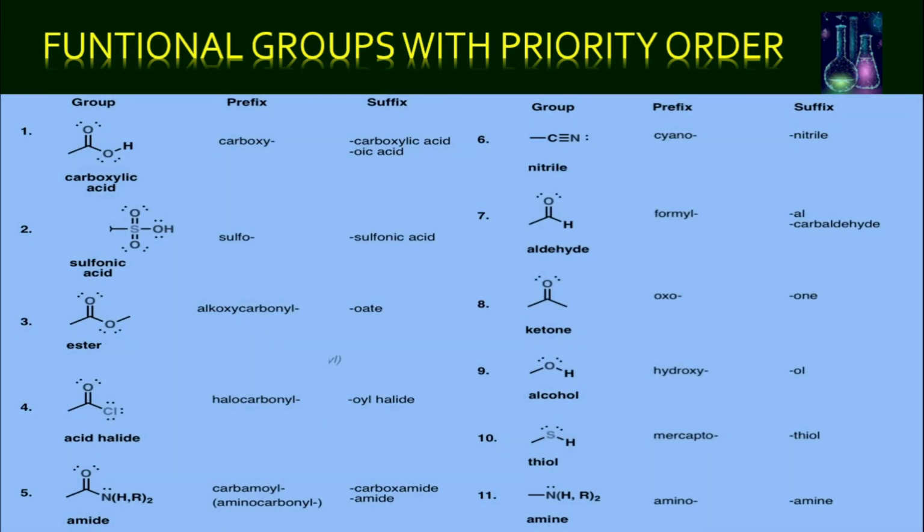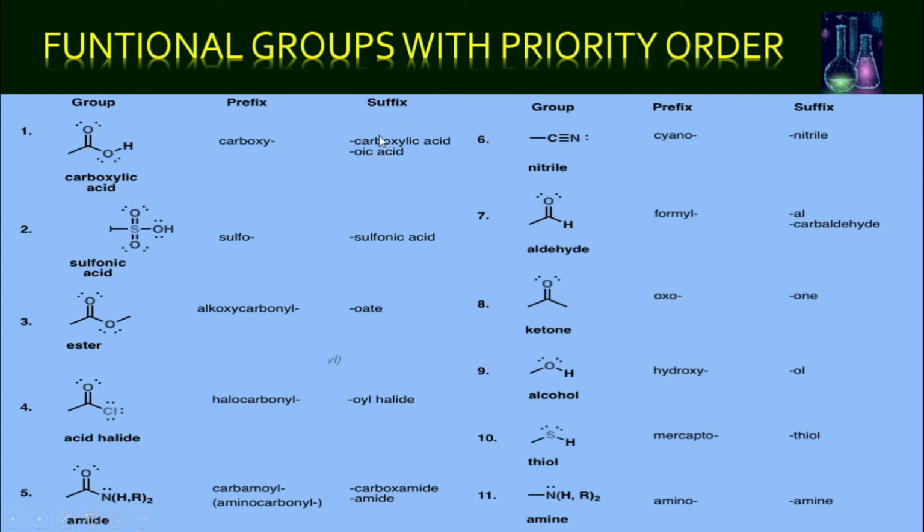So this group of atoms is called a functional group. The list of functional groups is given in front of you in the order of priority. The highest priority is for the carboxylic group. If it is used as a prefix, it is called carboxy. If it is used as a suffix, it is called oic acid. Sulfonic group: if it is placed as a prefix, it is called sulfo.